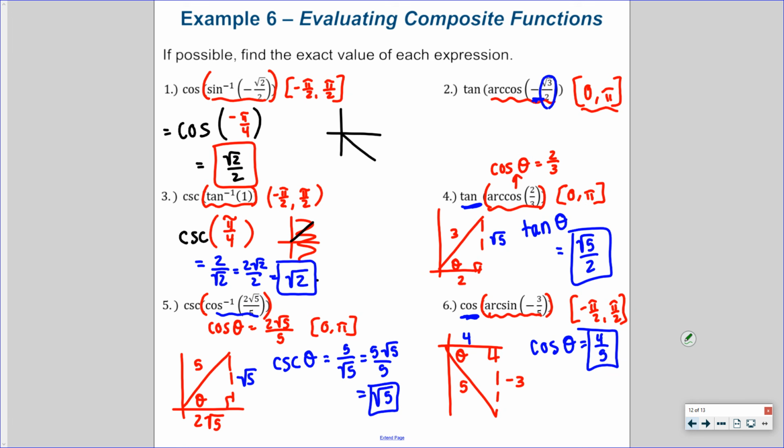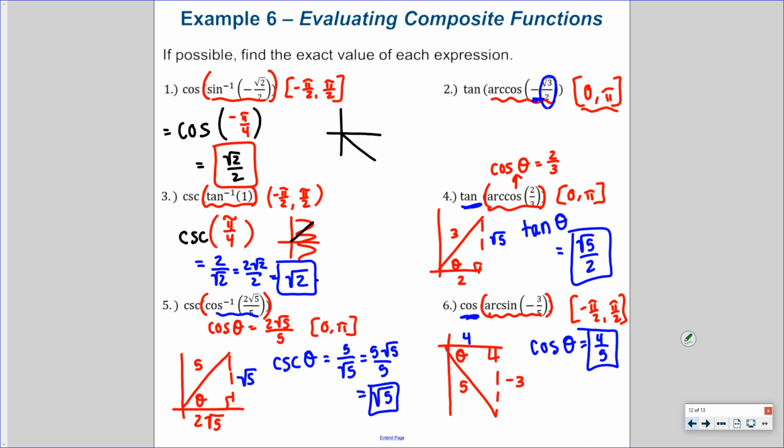I tell you to take the inverse, go in the opposite direction, and tell me which angle would give me that ratio. Your output is the angle within the restricted range of outputs, because that's what makes it a function. That's what makes every single possible input ratio match to exactly one angle, one possible answer. Okay? Got it?